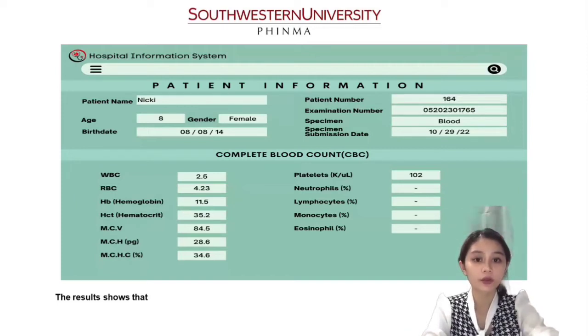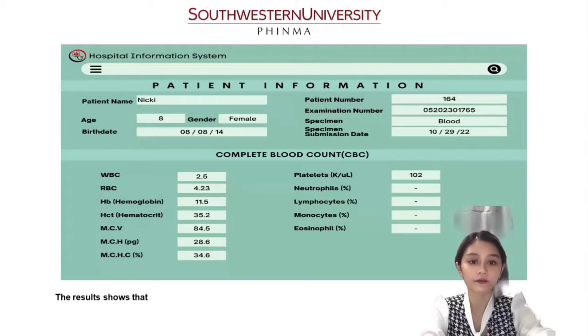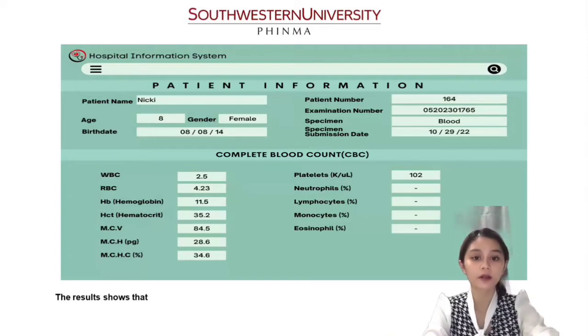The table showed that her white blood cells is 2.5, red blood cells 4.23, hemoglobin 11.5, hematocrit 35.2, MCV 84.5, MCH 28.6, MCHC 34.6, and her platelets.